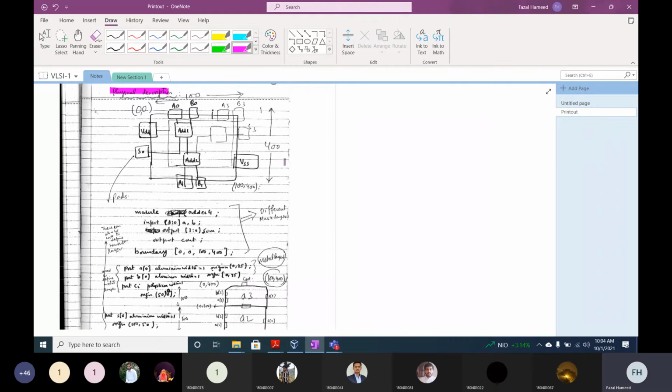Until now, we have only studied that it is a gate or a transistor, but at which particular location on the chip this transistor is located is not described.